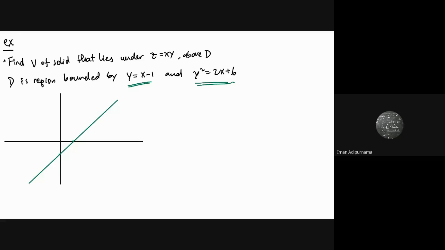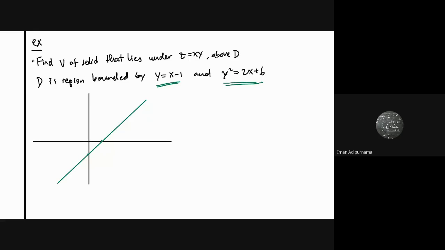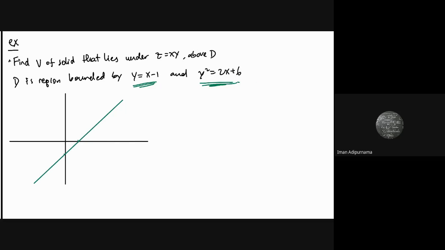In order to make the necessary calculations, if you look at these two equations here, if you want to find the intersection, it's easier to solve for x, right?